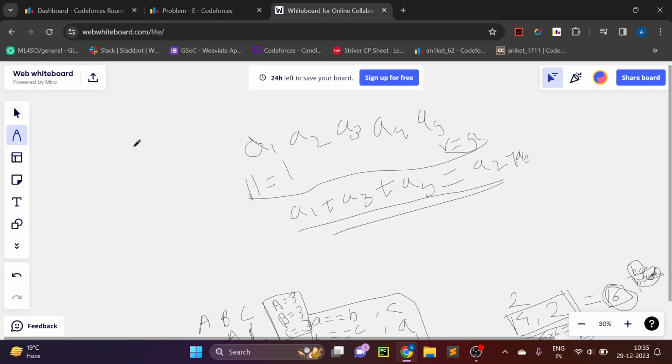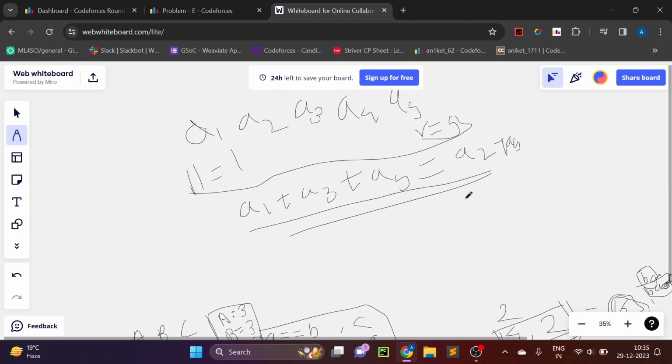Now in this type of question, always remember, whatever equation you find, try to resolve the equation in easier steps. For example, I can make this A1 minus A2 plus A3 minus A4 plus A5, and this should be equal to 0.